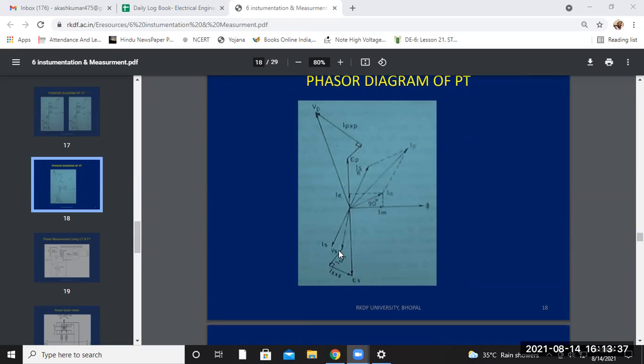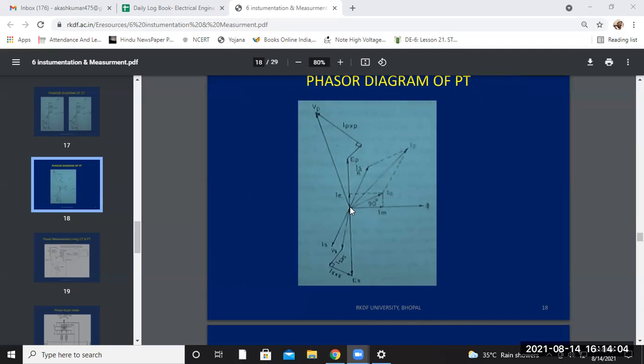Here also IS RS will be there because of the voltage drop, and this will be in parallel with IS. Now IS XS is at 90 degrees from this resistive drop. So from here the secondary output voltage is given by ES.